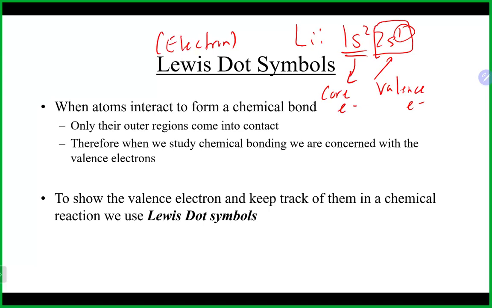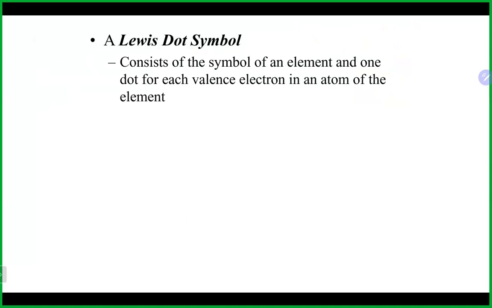So when we draw Lewis dot symbols, and later Lewis structures, we only show the valence electrons, because those are the ones involved in bonding. A reminder that the number of valence electrons equals the group number. You do not have to write out the electron configuration.